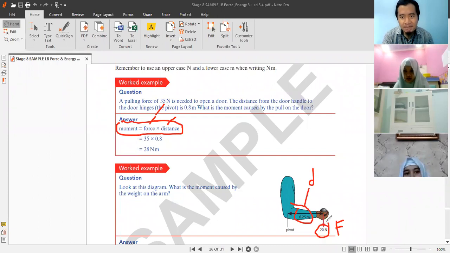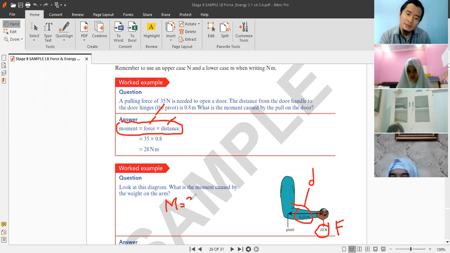The equation of moment is equal to force multiplied by distance. So the moment will be equal to the force, which is 20 newtons. Good.